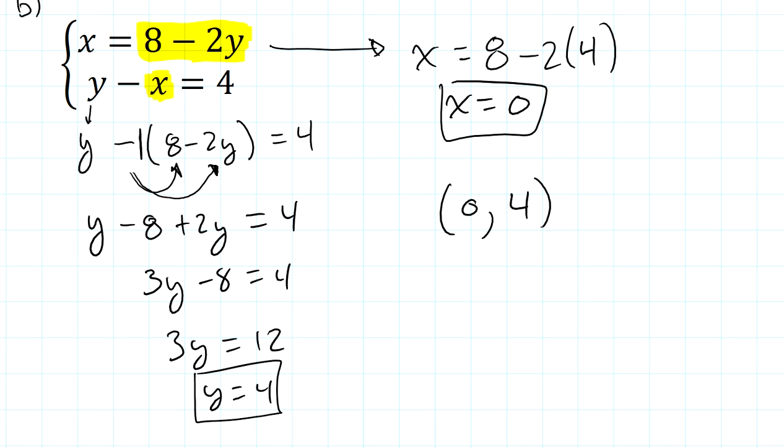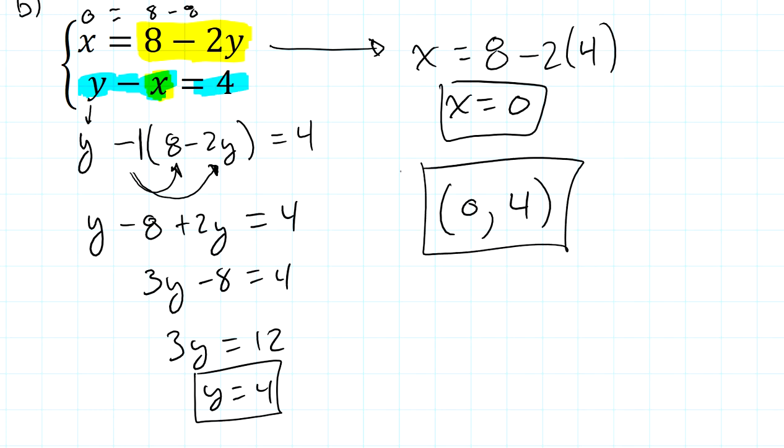If I plug in 0 here, 0 is 8 minus 8, so that's true. And let's check it for the bottom equation. If y is 4, this becomes 4 minus nothing is 4. So totally works. This is the solution. I checked it. It's the point that makes both true.